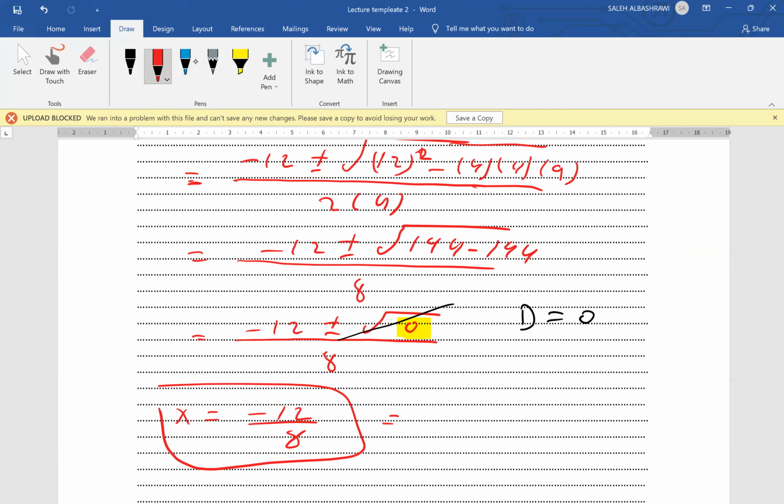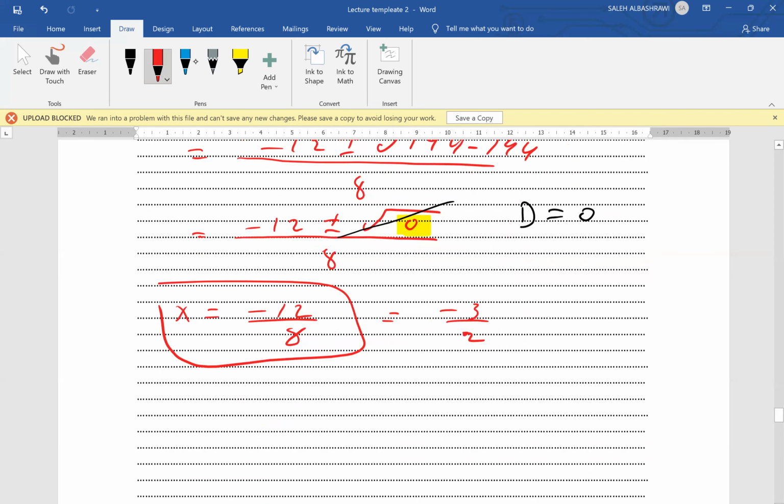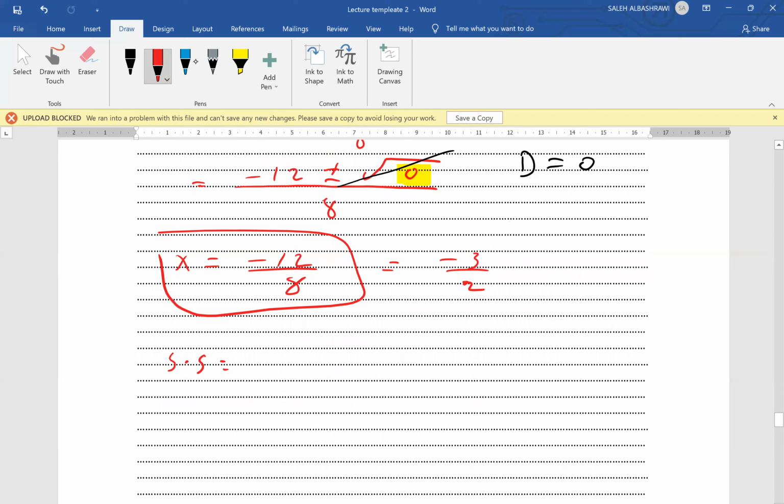That can be simplified, divided by 4, it is minus 3 divided by 2. So the solution set is minus 3 over 2, and it is again minus 3 over 2. It is the same solution, or the root with multiplicity 2. It is repeated 2 times.